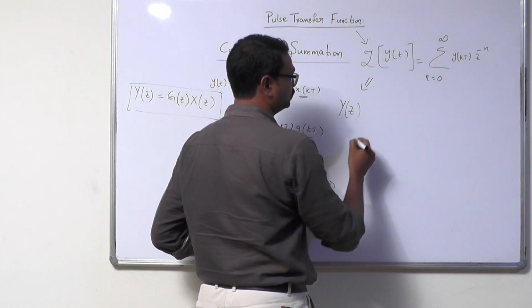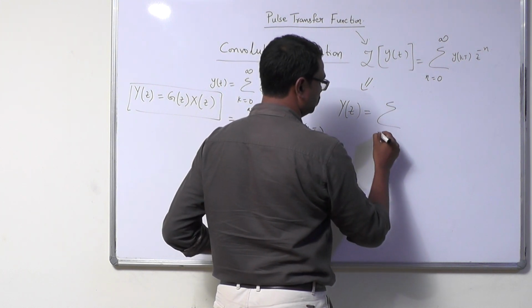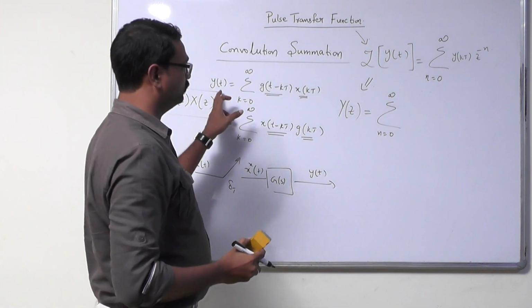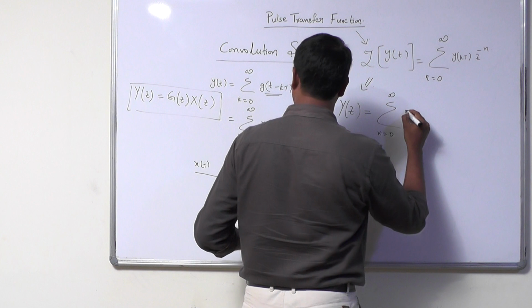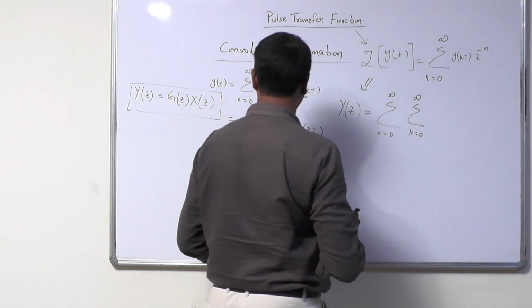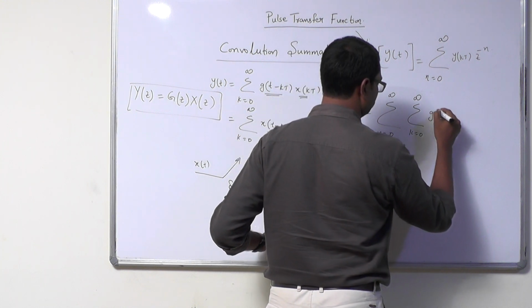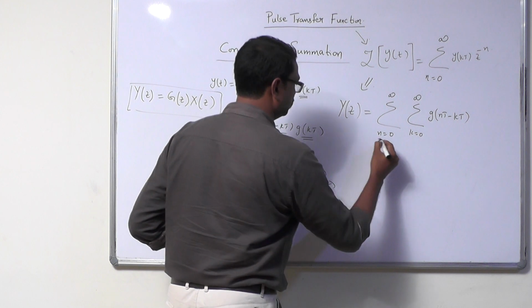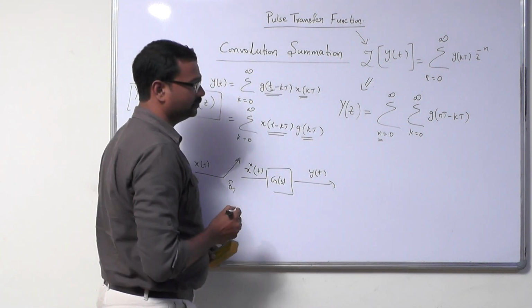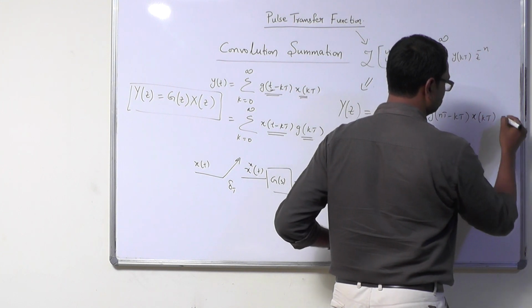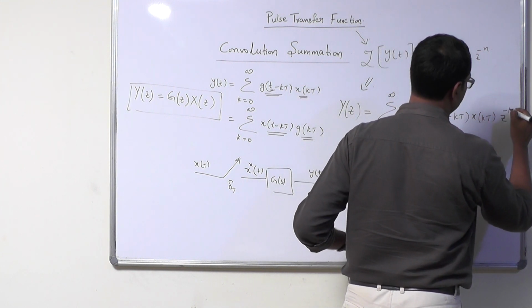You call it as y of z, which is nothing but sigma n is equal to 0 to infinity. And what is y of nt here? We are having sigma k is equal to 0 to infinity g of nt minus kt, where instead of t I am replacing it with nt, into x of kt z power minus n.